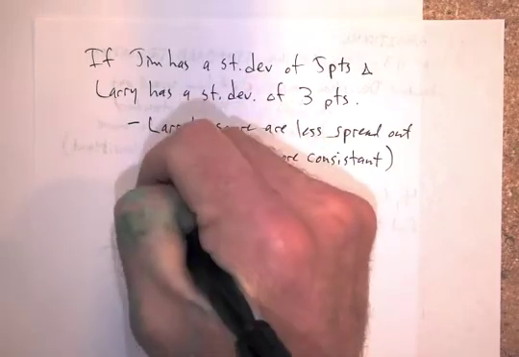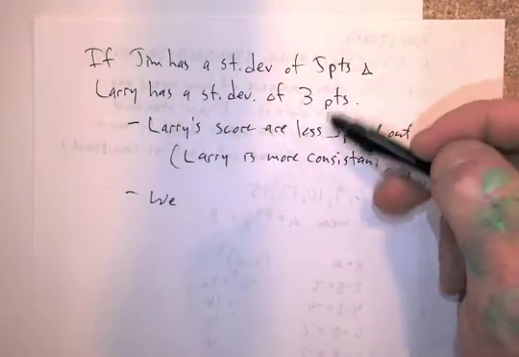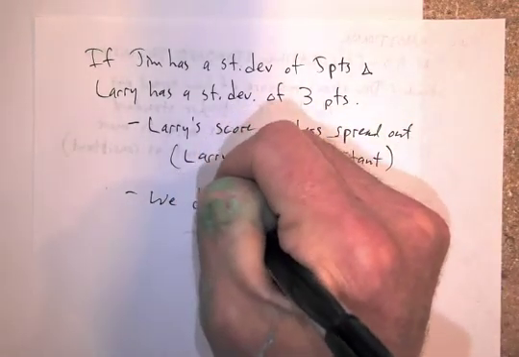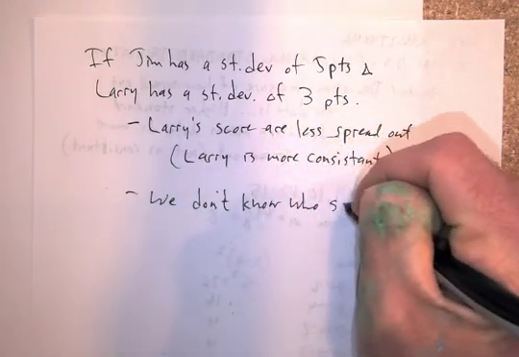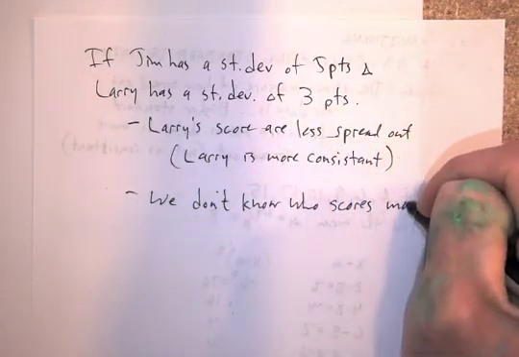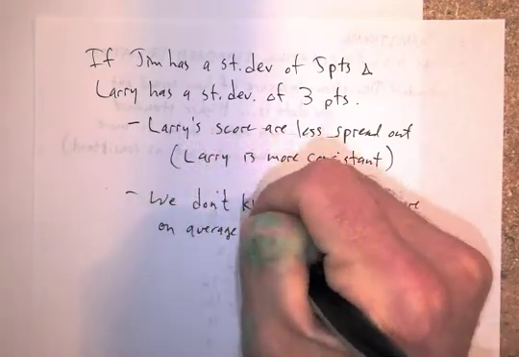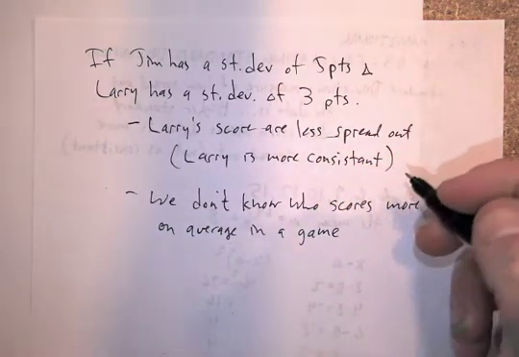So you might want to ask the other question that'll show up in your homework, you know, why can't we say that one of these guys is better? We don't know who scores more. Who scores more on average in a game? All right.